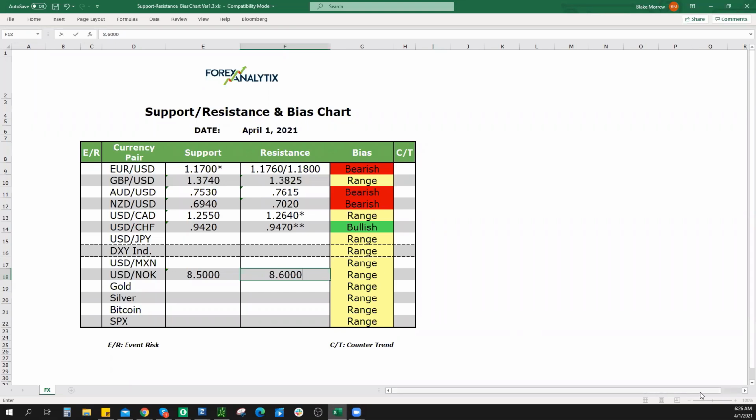Well, the euro's firm. Euro's at highs. What's interesting about the euro is it's moving higher. The Aussie stopped, the Kiwi stopped for now.